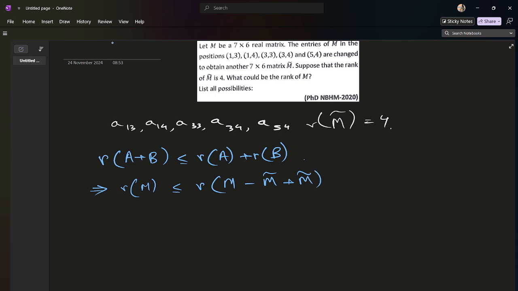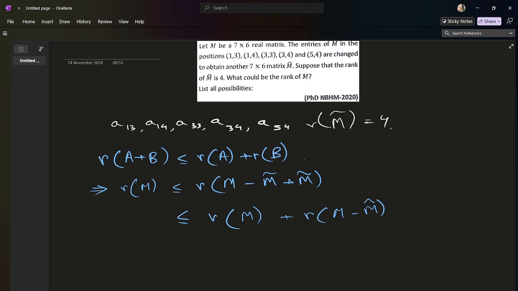That can be written as rank of M cap minus M plus rank of M cap. So that will be M and this is M cap.